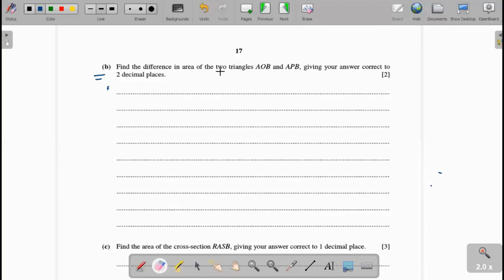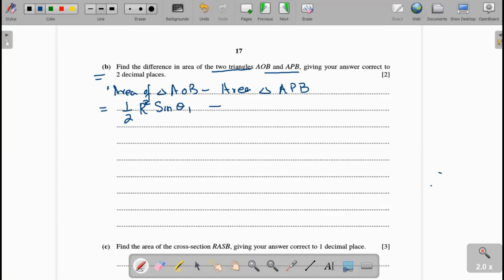Now the next part of this question. Find the difference in the area of the two triangles OAB and APB. Now the area of triangle AOB minus the area of triangle APB. The formula of the area of a triangle is 1 over 2 r squared sine theta. You see, 1 over 2 R squared, we take the capital R for the triangle AOB, and sine theta 1.